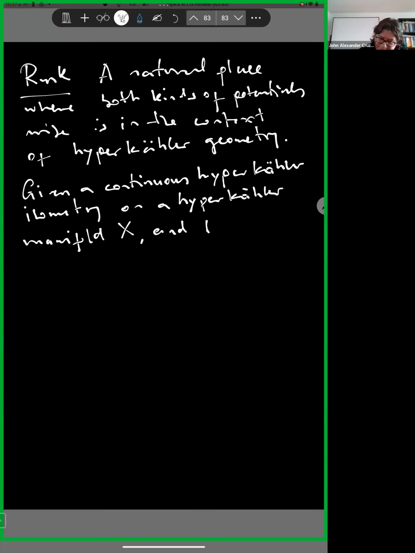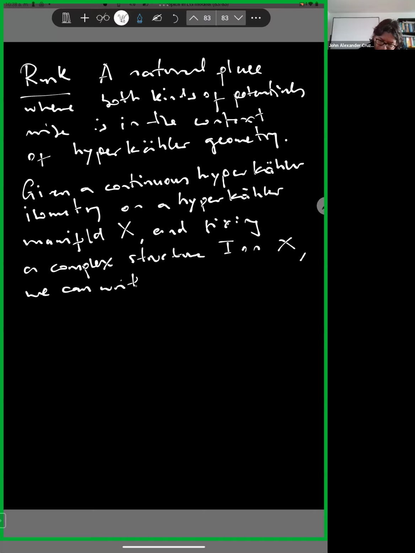So I'm fixing a complex structure I on X. So we can write down a holomorphic vector field B. Okay.